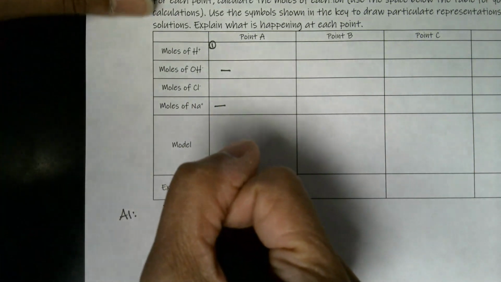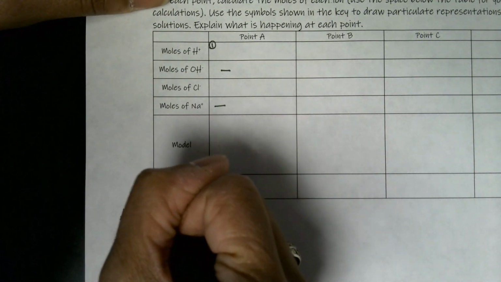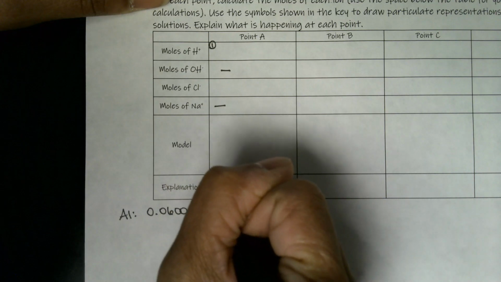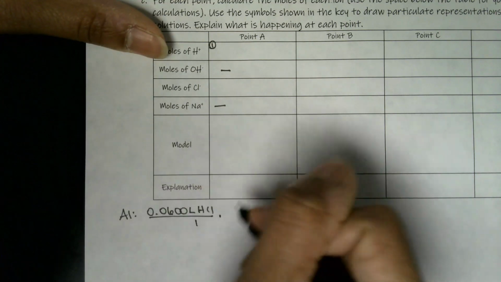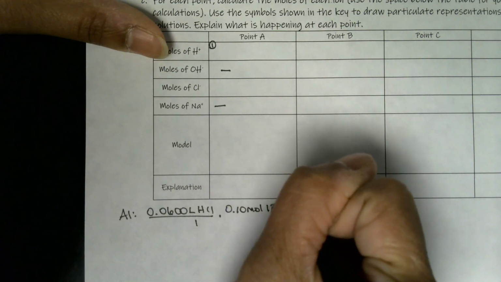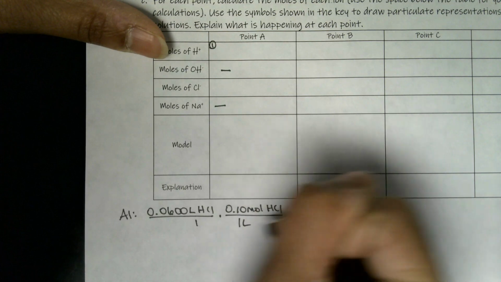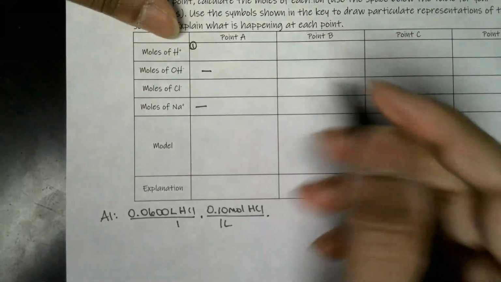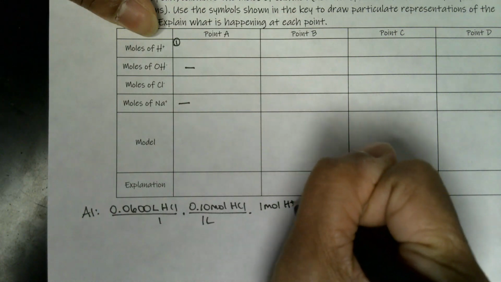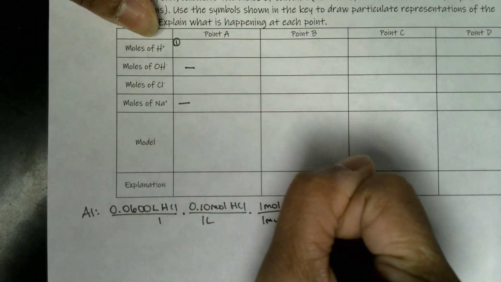I'm starting off with 60 milliliters, so 0.0600 liters of HCl over 1, and I have 0.10 moles of HCl over 1 liter, and I just want the moles of H+. For every 1 mole of H+, there is 1 mole of HCl.